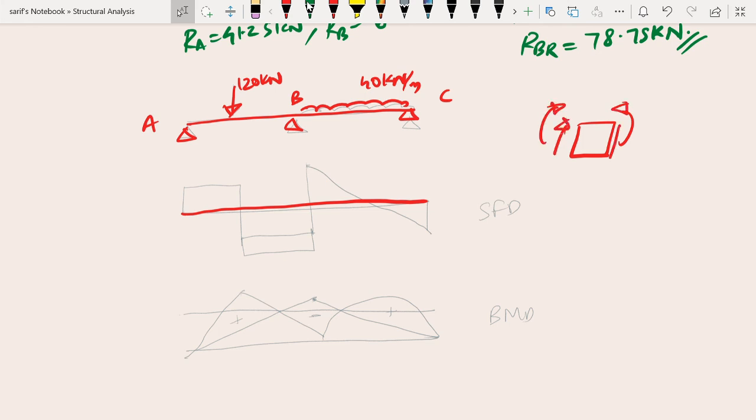So here we have 41.25. So this would be our shear force diagram.